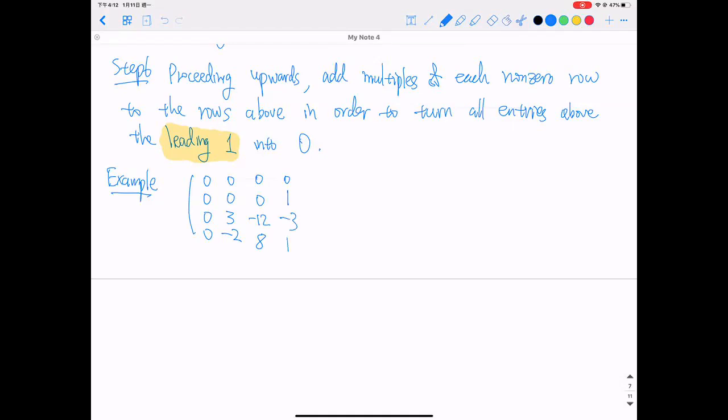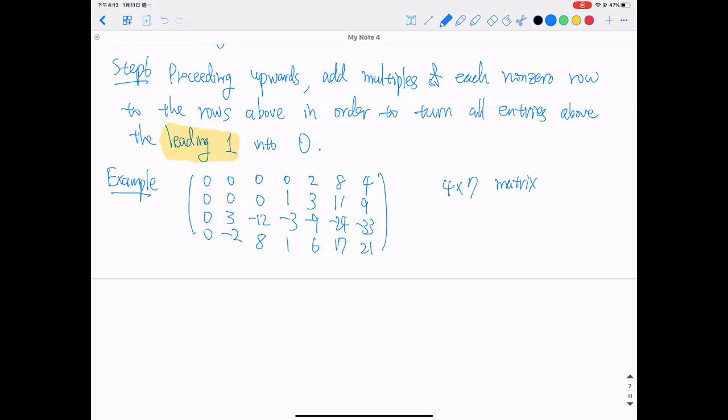Now, here's a rather large example. This is 4 by 7. All right, so let's try to turn this into reduced row echelon form.